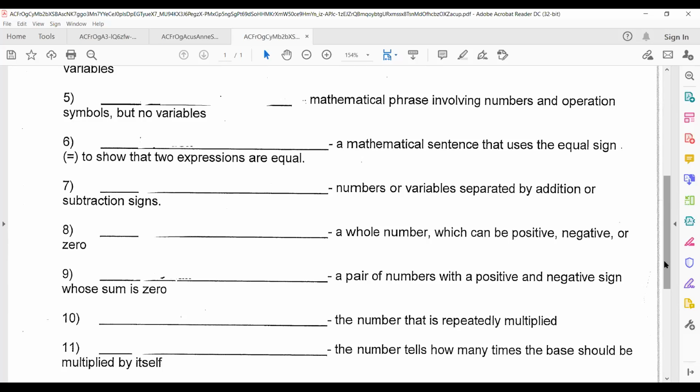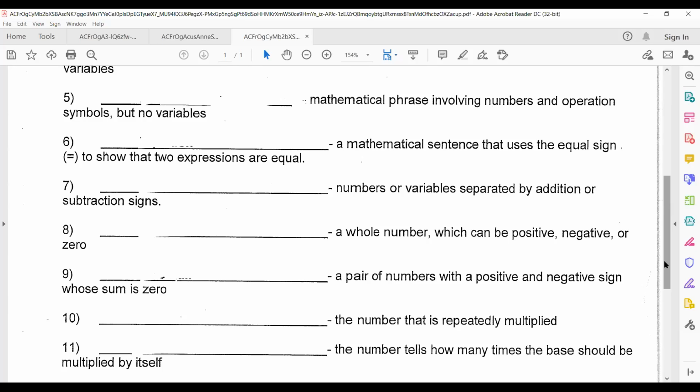The sign goes with the term. Plus 12 is a term. 29 is a term. There's 4 terms in that particular problem. I just made it up to demonstrate. Terms can be numbers or variables. They're just separated by pluses and minuses.